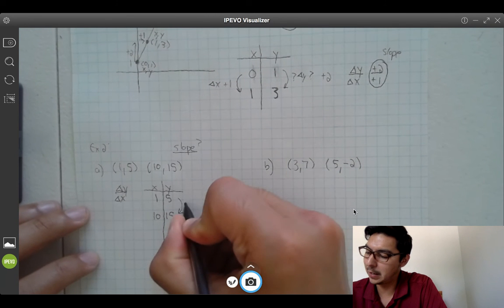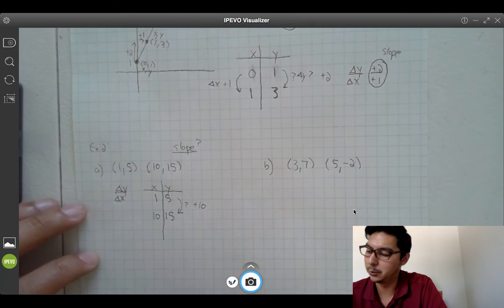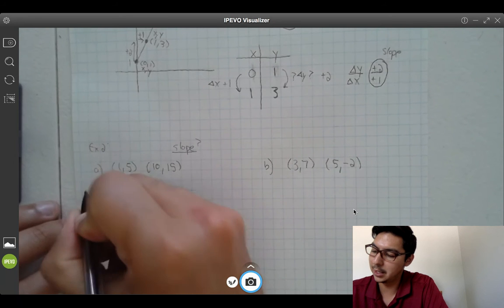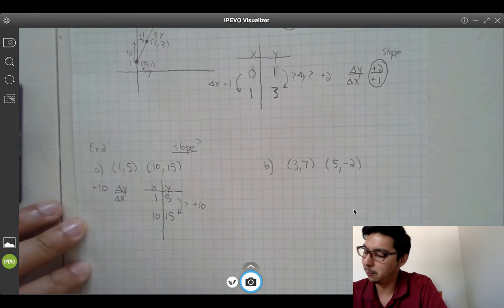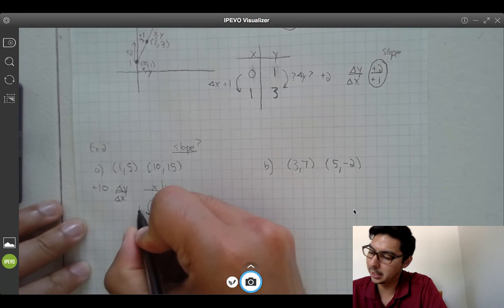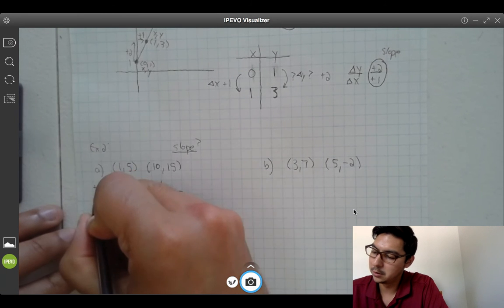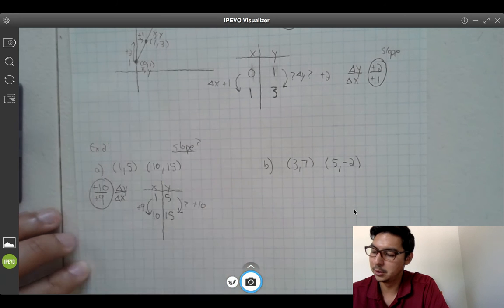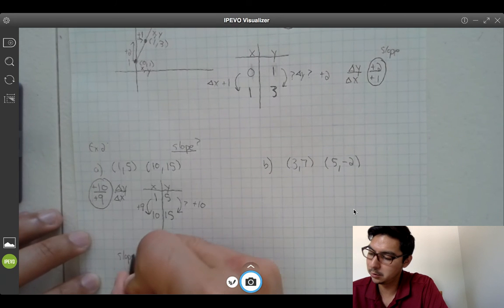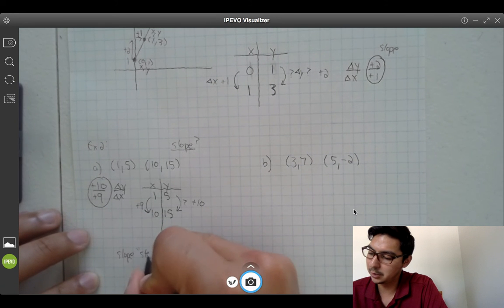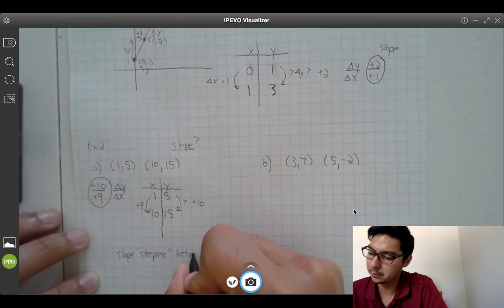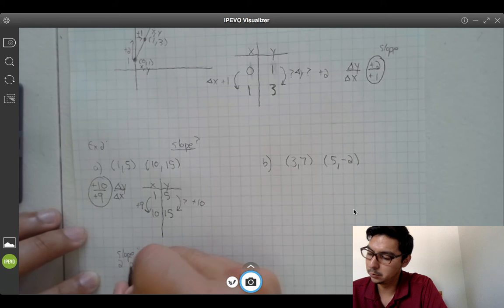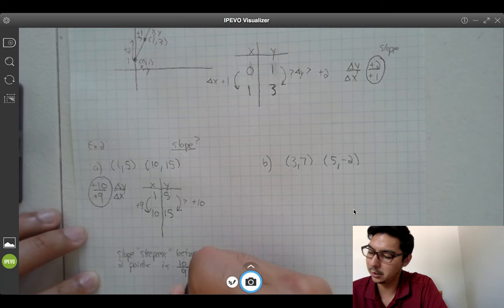How do we get from 5 to 15? You add 10. So that's plus 10. What's the change in x from 1 to 10? Well, that's plus 9. And there's your answer. The slope, or the steepness, between these 2 points is 10 over 9, right?